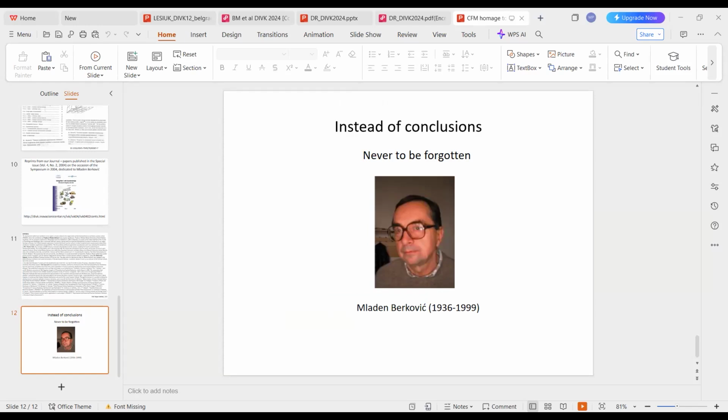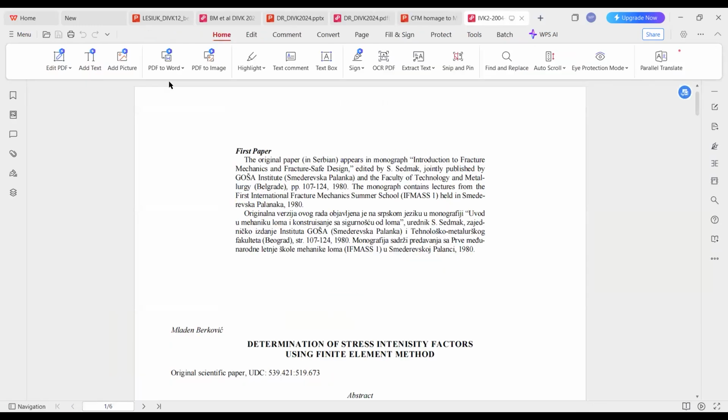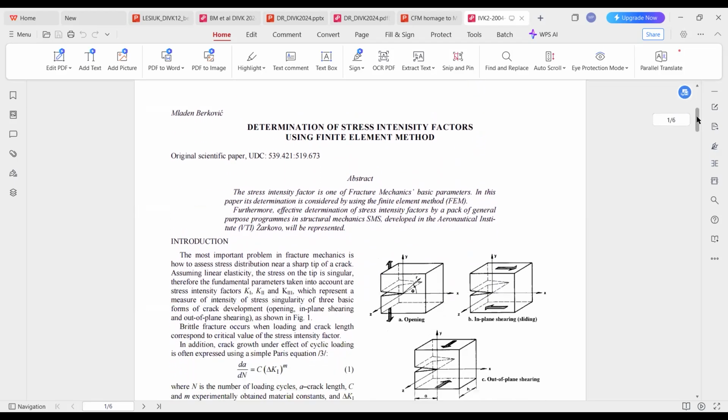Those are papers which we published on that occasion, which are reprints, translated into English, of lectures presented in 1980, 1982, 1984, 1986, 1989, and 1992. The first one is the most important one: determination of stress intensity factors using finite element methods.